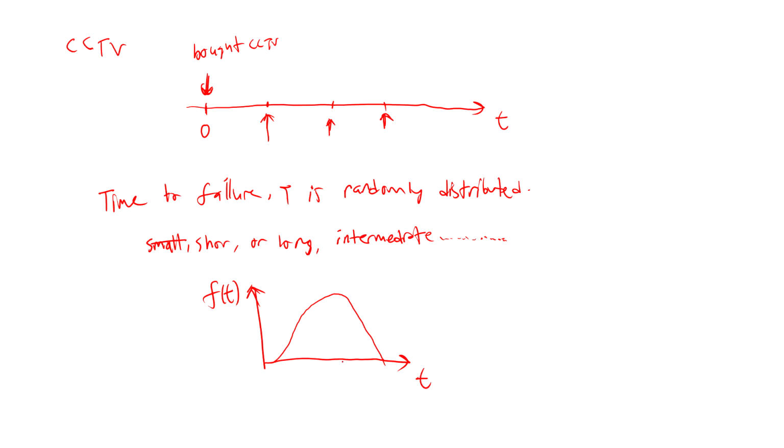If your CCTV behaves as a normal distribution, let's say this is T1, this is T2, and that is T3. The likelihood that your CCTV fails at T1 is that, at T2 is that, and at T3 is that likelihood.